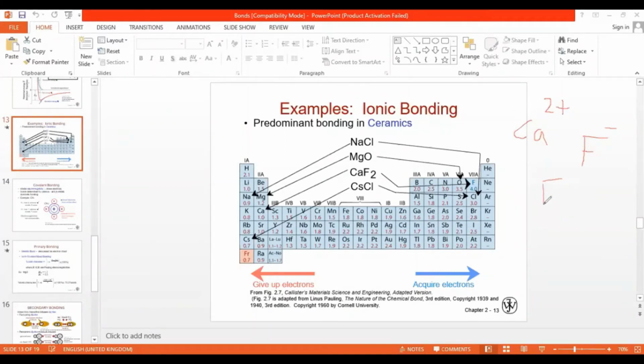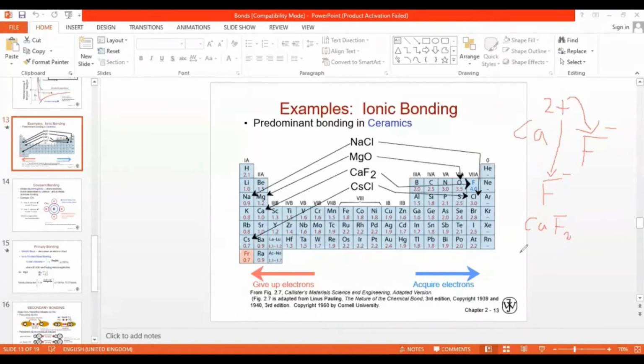It will call another F, and now these 2 fluorines will gain the electrons. 1 electron will be given to this F, and 1 electron to that F. So here we have 1 calcium and 2 fluorine, so we will write it as CaF2.